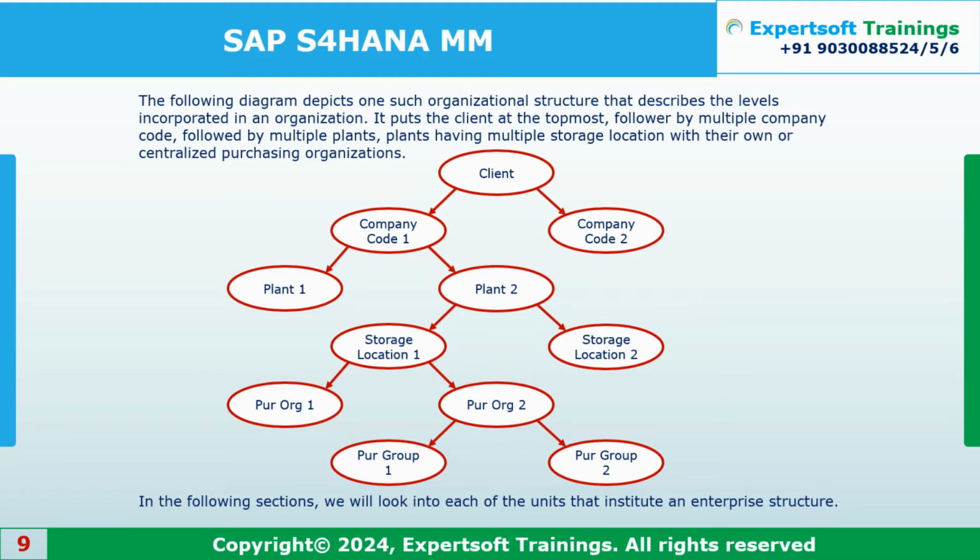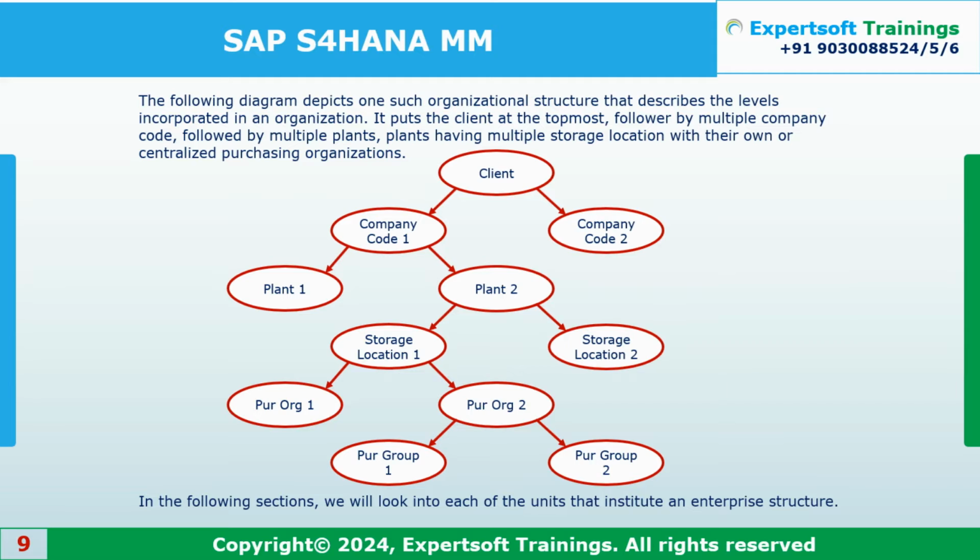So there are two plants under one company code, and in company code two, we can just assume that they haven't started the business till now, so they haven't done any configuration to configure the plants. But for this particular situation, that is company code one, Reliance Petrochemical, under these plants we have two storage locations, storage location 1 and storage location 2.